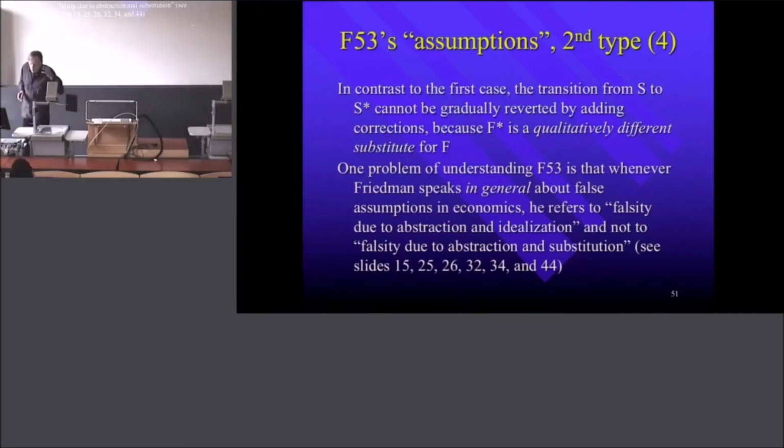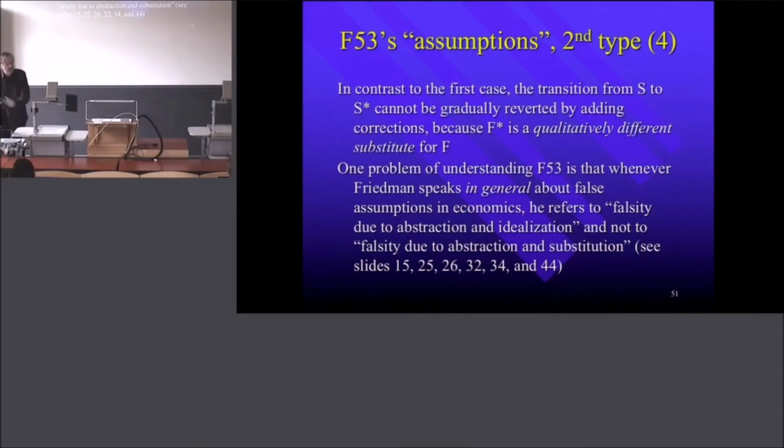Now, the problem of understanding F53 is that whenever Friedman speaks in general about false assumptions in economics, he refers only to falsity due to abstraction and idealization, and not to falsity due to abstraction and substitution. So when he speaks about it, he refers always to the first type of falsities. Once you want to apply that to the second type, you say, that doesn't work, it's just not right.